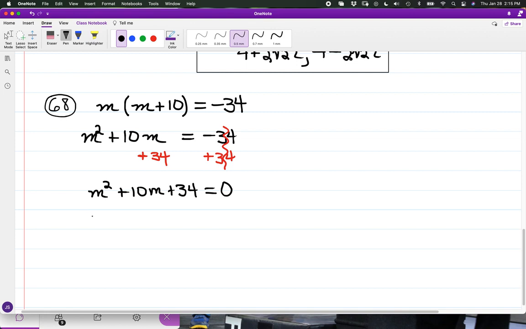And so once again, looking at the quadratic formula as a recourse, you can see I have 1m squared. So this leaves that a is equal to 1, and then we have plus 10m. So this will signal that b is equal to 10, and then we have c is equal to 34.